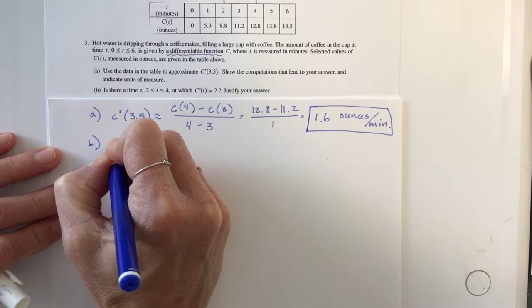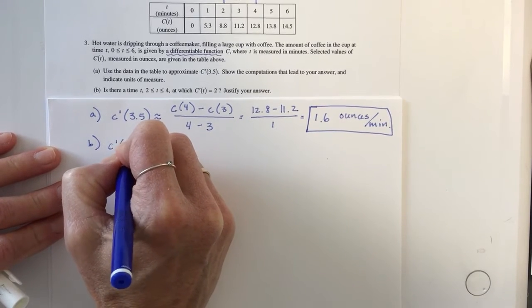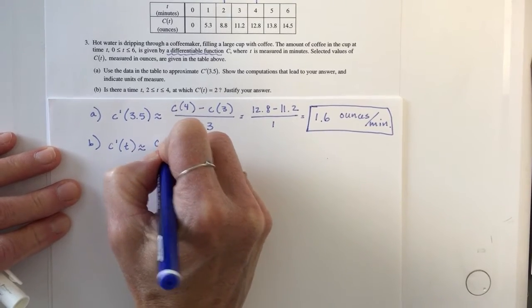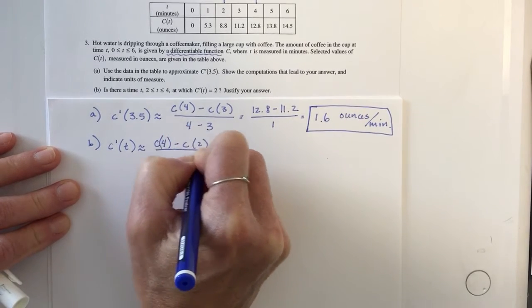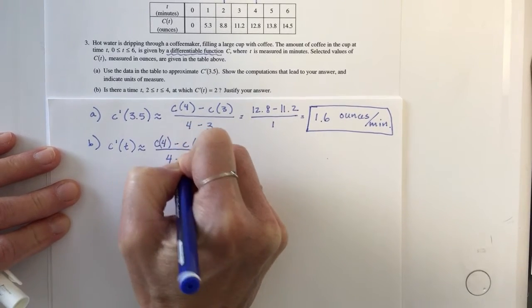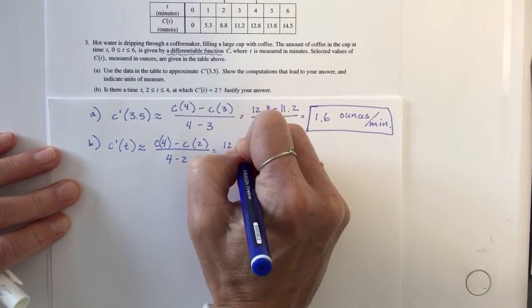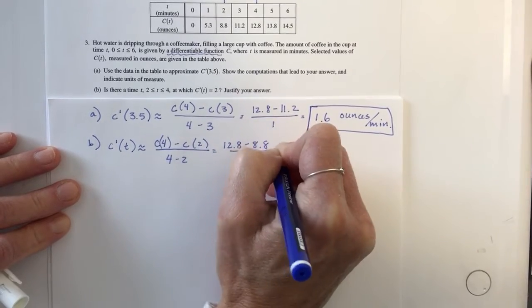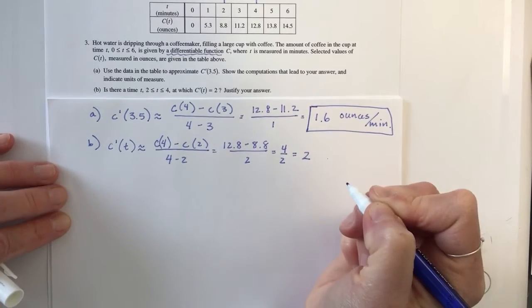So let's calculate that. C prime of t is approximately equal to C of 4 minus C of 2 all over 4 minus 2. That's 12.8 minus 8.8 over 2, and that sure enough is 4 over 2, which is 2.